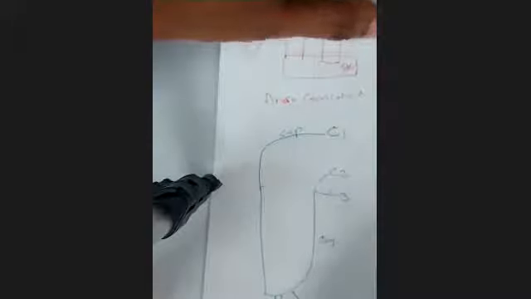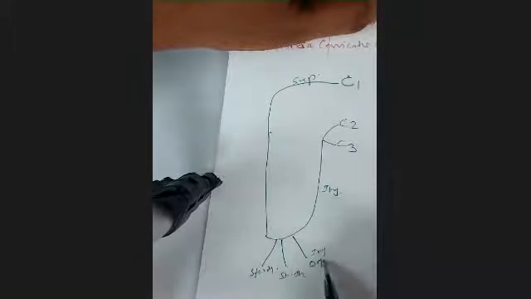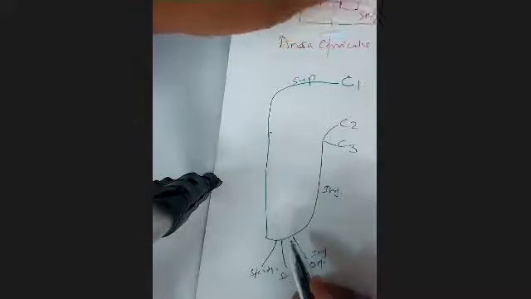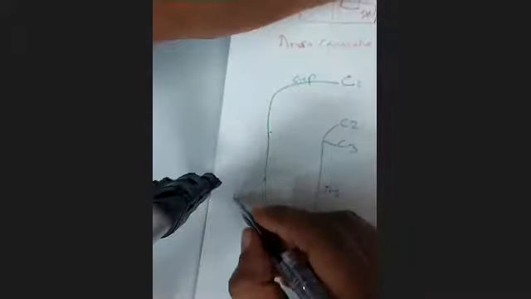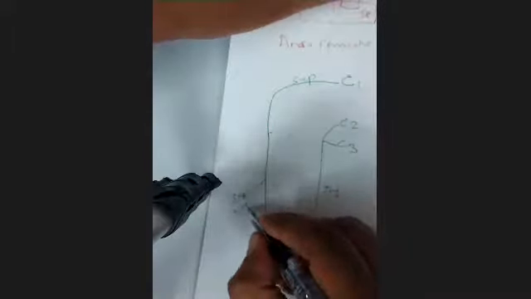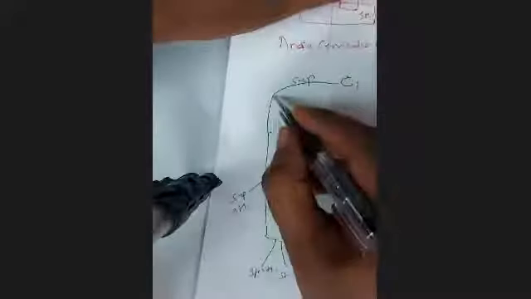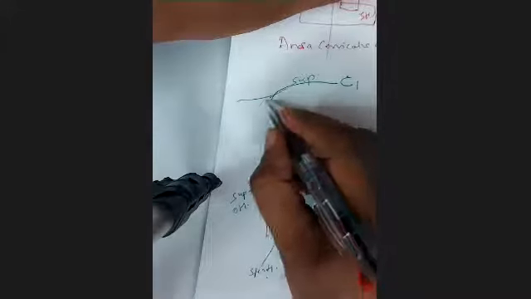One goes to the inferior belly of omohyoid, one goes to sternothyroid, one goes to sternohyoid. The superior root will supply the superior belly of omohyoid. And thyrohyoid is supplied by the C1 directly.